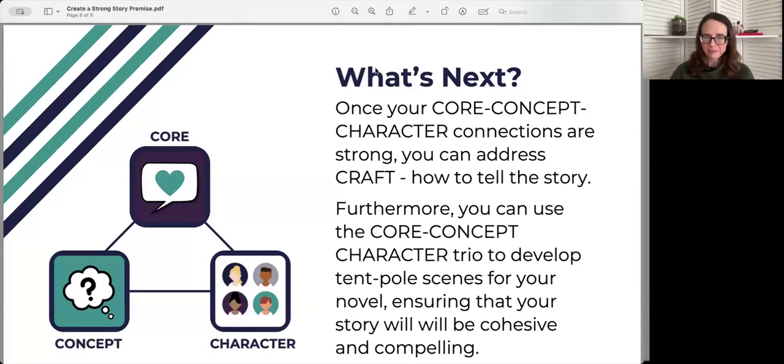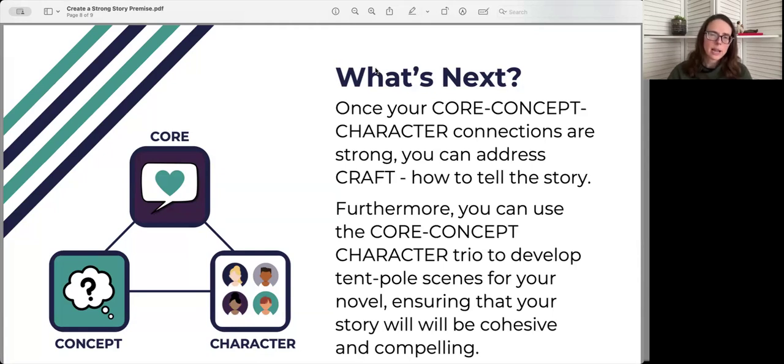So now, once you have figured out what your core concept and character are, you also need to make sure that they're interacting well with one another and that they're piecing together the way that they should. And once you've established all three of these pieces, these three pieces make up your story premise. And once you have the story premise, then you start making craft choices about how you're going to tell the story.